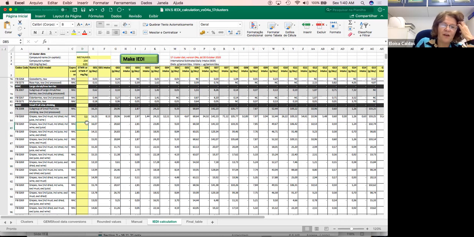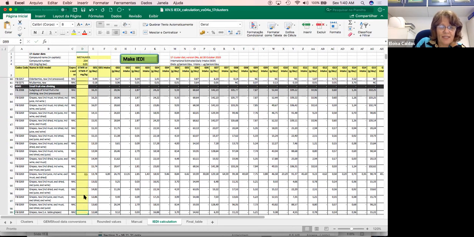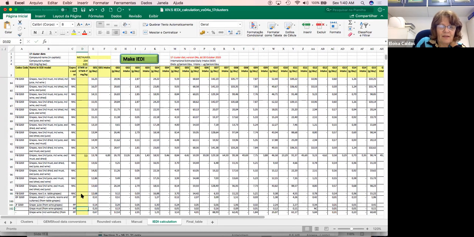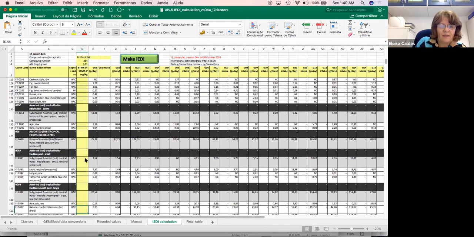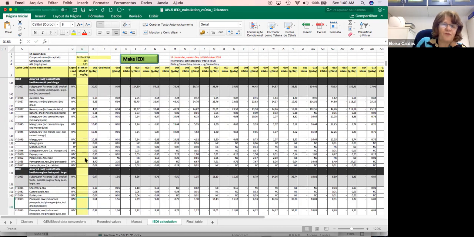If I do have a processing factor for some, I should choose the ones that exclude, for example, dried grapes and juice. Let's do that. If I have a different processing factor for raisin, which is dried grapes, if for grapes it was 0.5, maybe for raisin it would be 1, because for raisin it's always higher. So you just go through the whole thing. There are groups, subgroups, different groups of banana. Let's put a number here for banana.